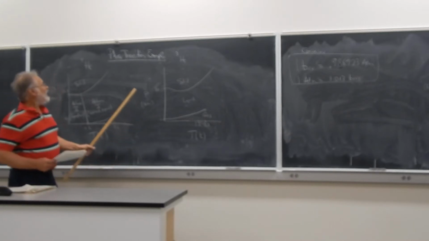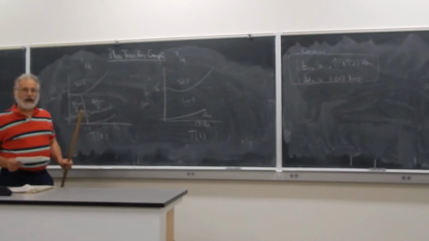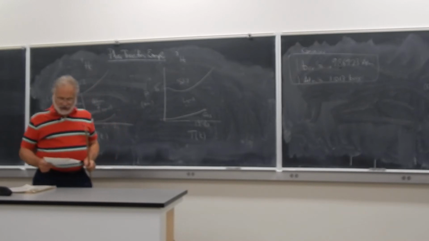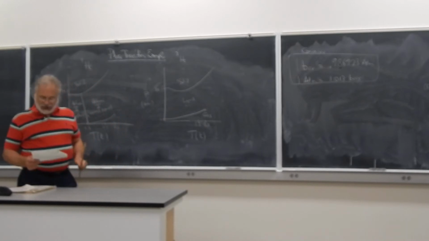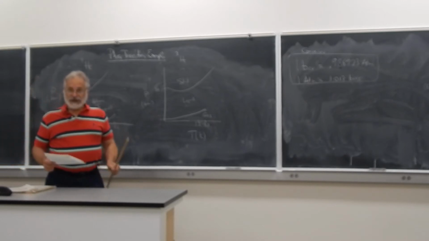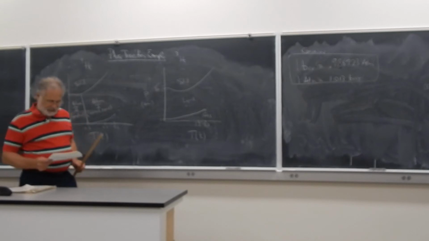On the other hand, we have helium-3. Now, liquid helium-3 is much more rare. And to see superfluid properties in helium-3, you have to go down to a much, much lower temperature. It's on the order of millikelvins to reach a superfluid phase for helium-3.